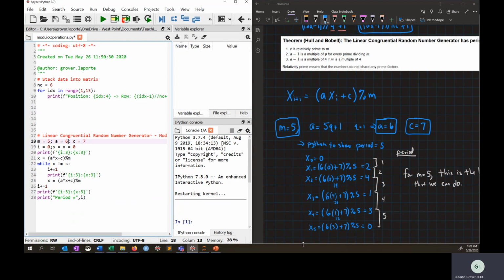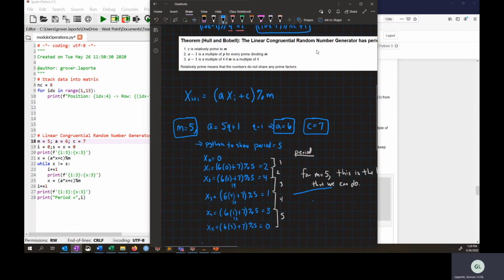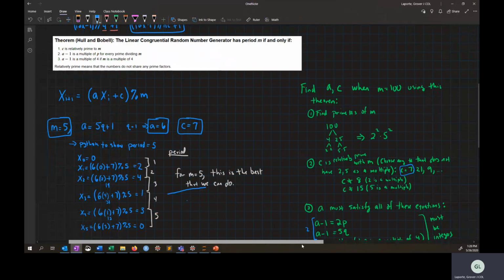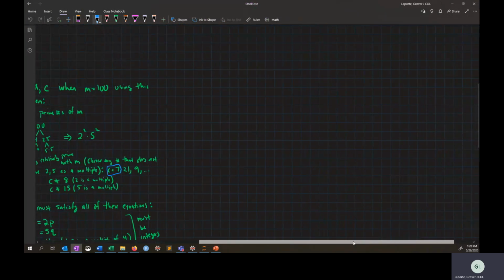And so let's just make sure that the ones that we think are going to work are going to work. I don't know why this thing is not letting me.